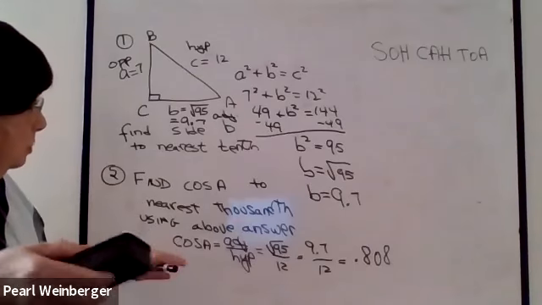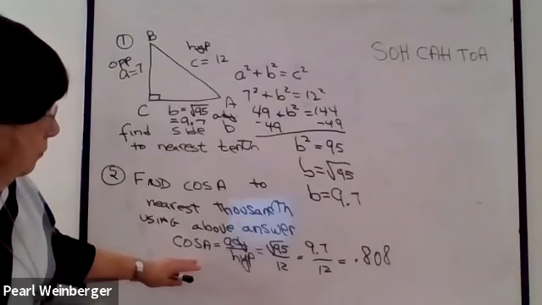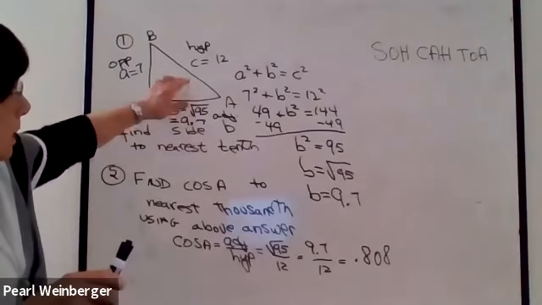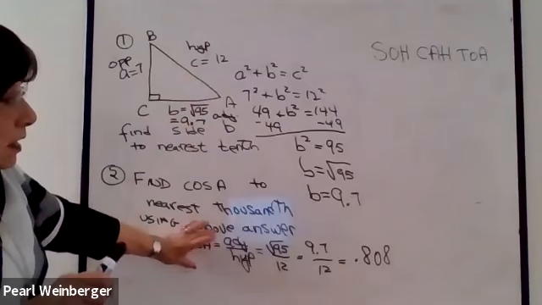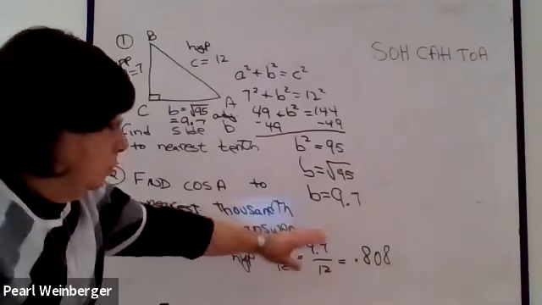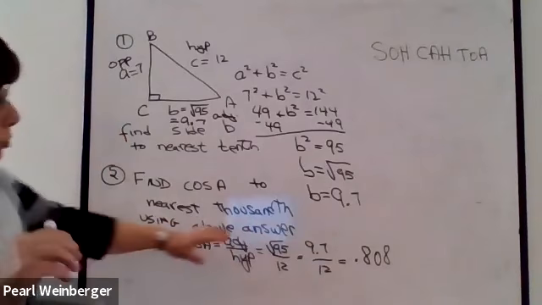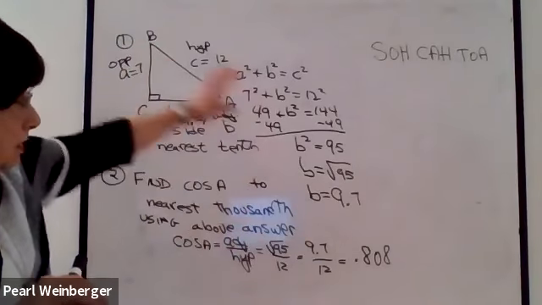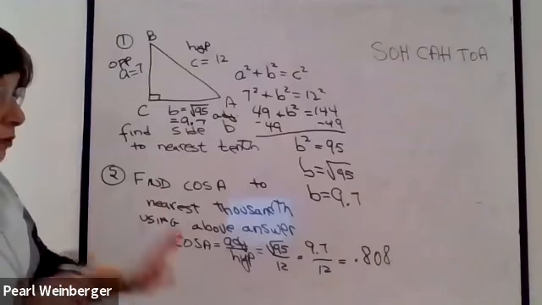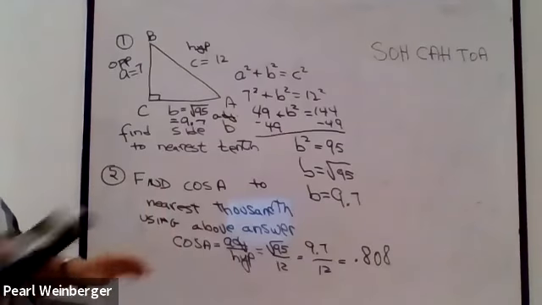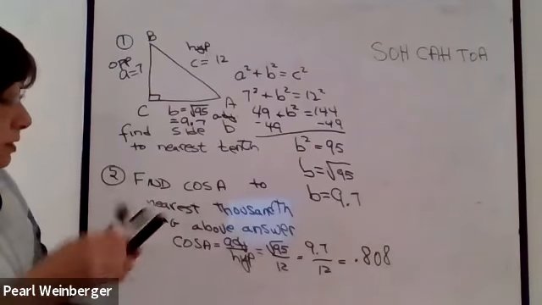We actually could now figure out how big angle A is. Again, this is not really required for the final. You'd have to do what we just did. This type of work is required for the final, but actually finding the angle is not.